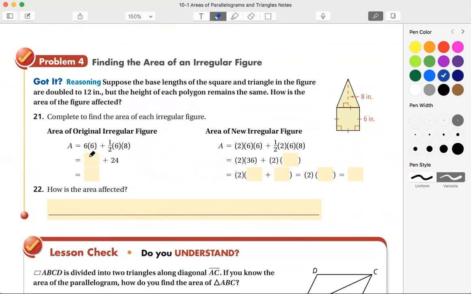So we get 36 plus 24, which equals 60. Now I'm going to double the base, but the height stays the same. So I get 2 times 36 plus 2 times 24, which is 2 times 60, which gives me 120. So the area is doubled.